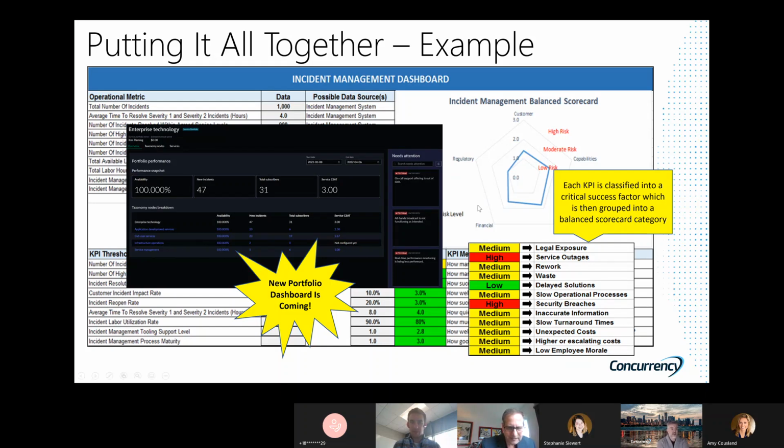So in San Diego for ServiceNow, they have come out with this portfolio dashboard, which aggregates several modules across the entire ServiceNow stack into one cohesive place that a C-suite executive could come and take a look at their entire portfolio of services. So this integrates availability with event management.